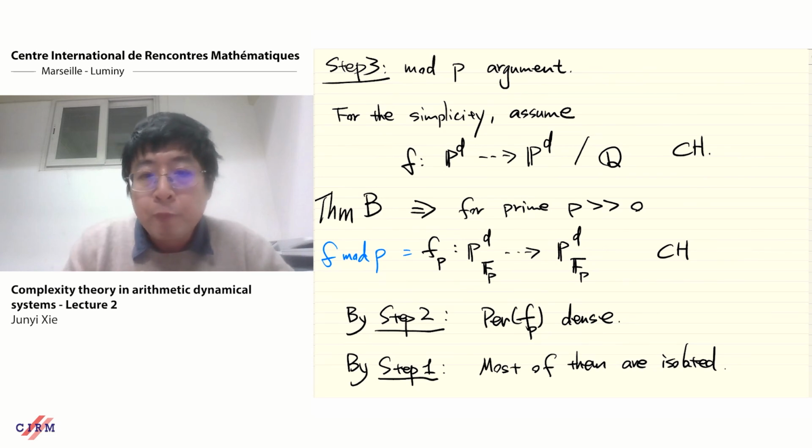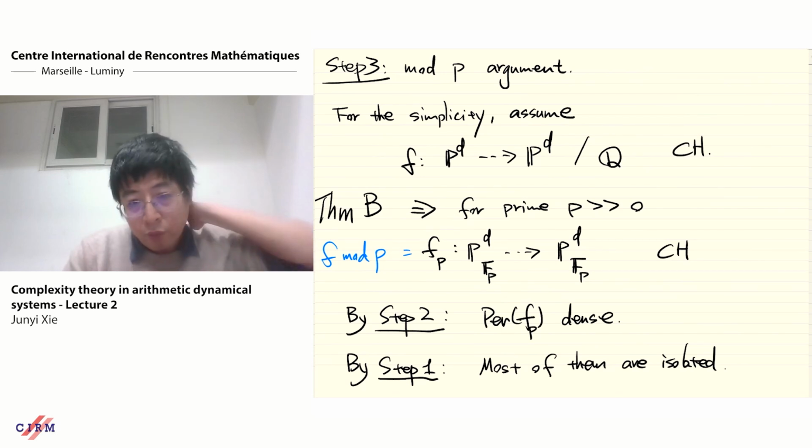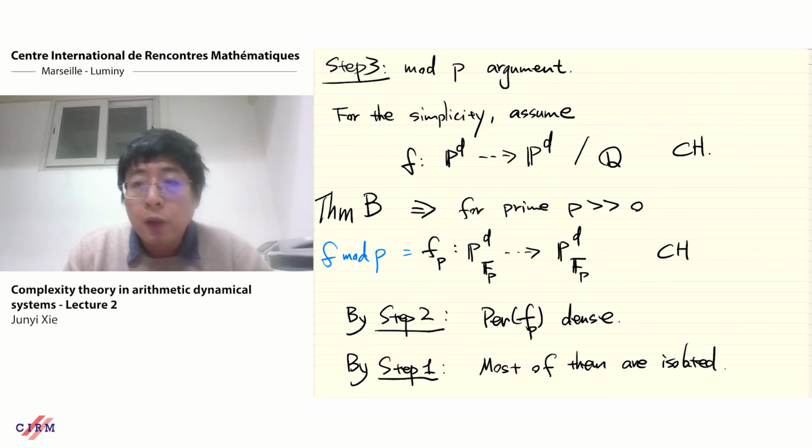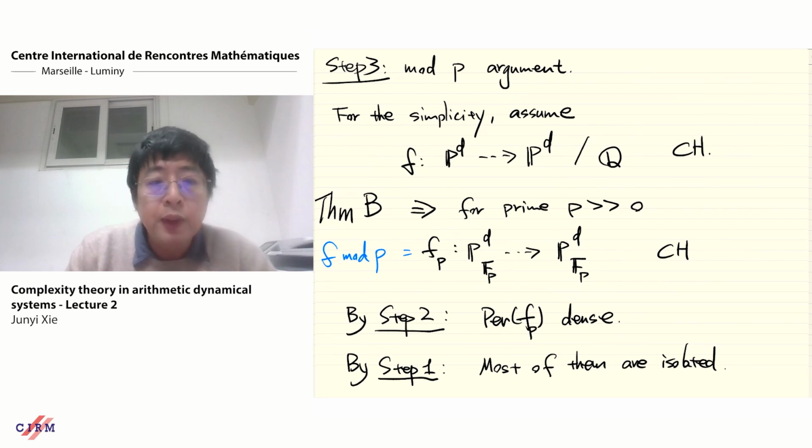So F is some rational self-map from P^d to P^d defined over Q, and it is cohomologically hyperbolic. So now we apply our lower semi-continuity, our theorem B. It shows that for prime p sufficiently large, if we consider the specialization F_p, F modulo p, then you get a map from P^d over F_p to itself.